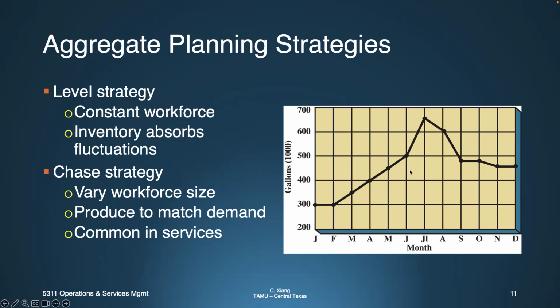Each strategy has its advantages and disadvantages. The level strategy offers stability and potentially better quality because there is no rush and everything is stable, but it requires inventory and may involve holding or shortage cost. The chase strategy reduces inventory, but introduces operational challenges such as workforce adjustment, overtime, and coordination with subcontractors.